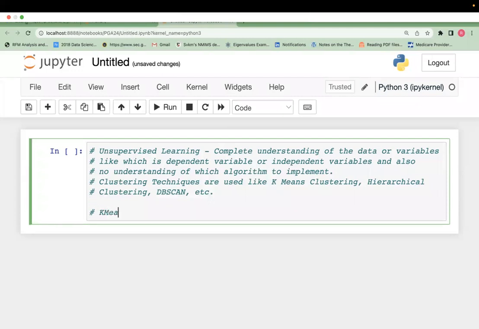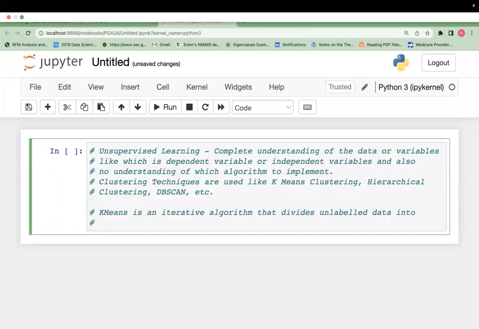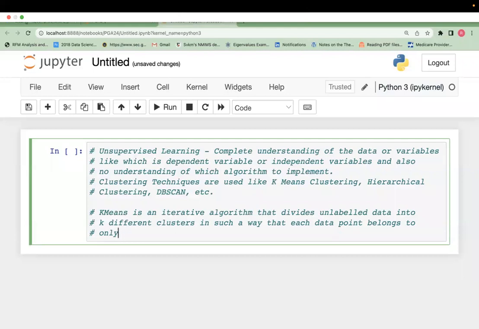Now, within this, the popular algorithm is K-means. K-means is an iterative algorithm that divides unlabeled data into K different clusters in such a way that each data point belongs to only one group or cluster that has similar properties.